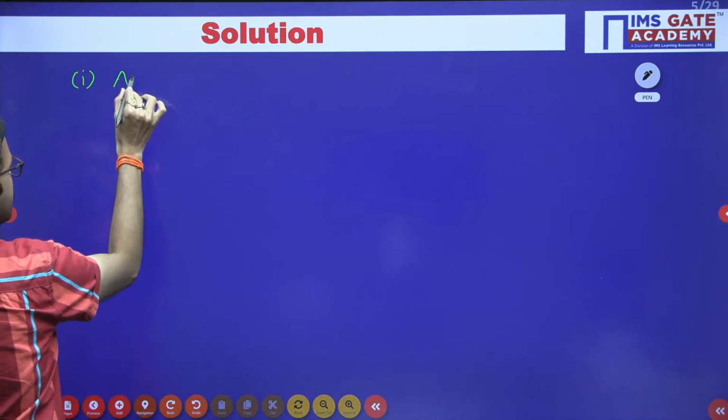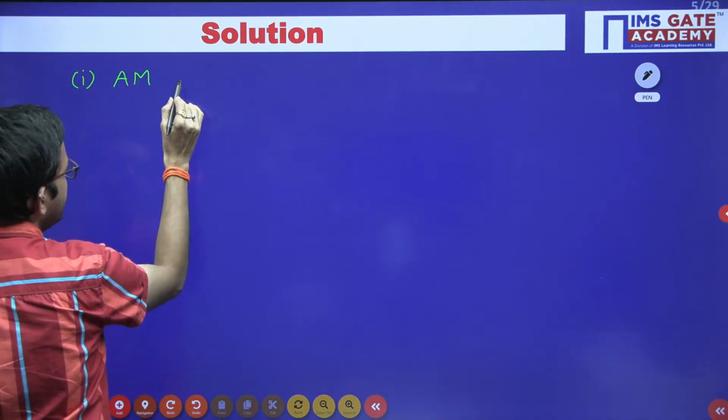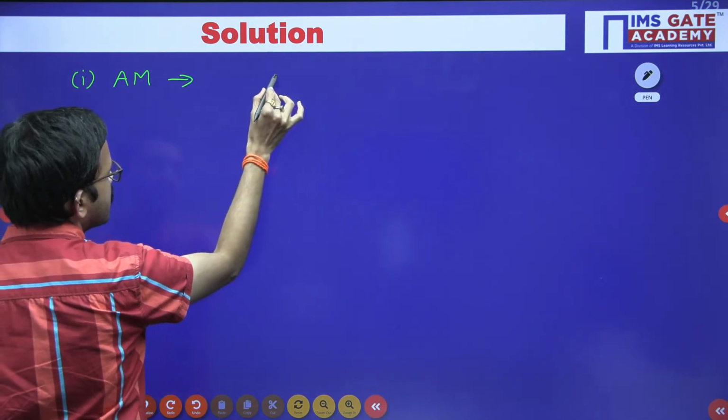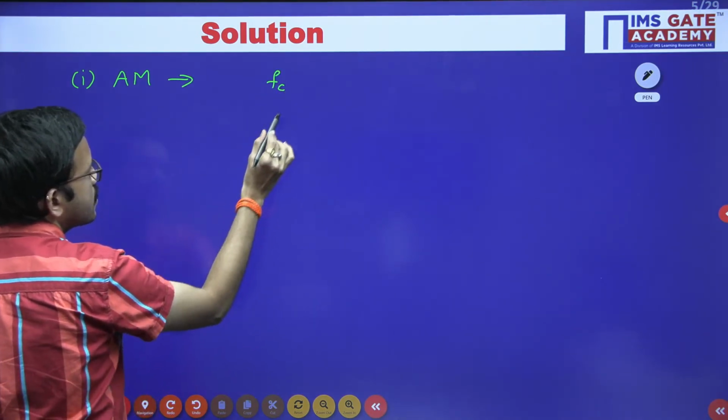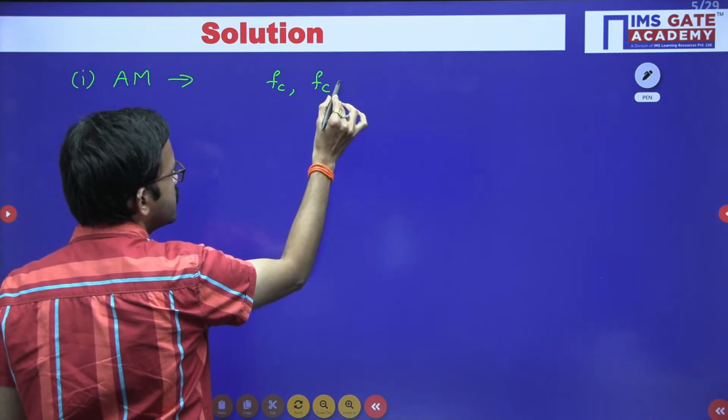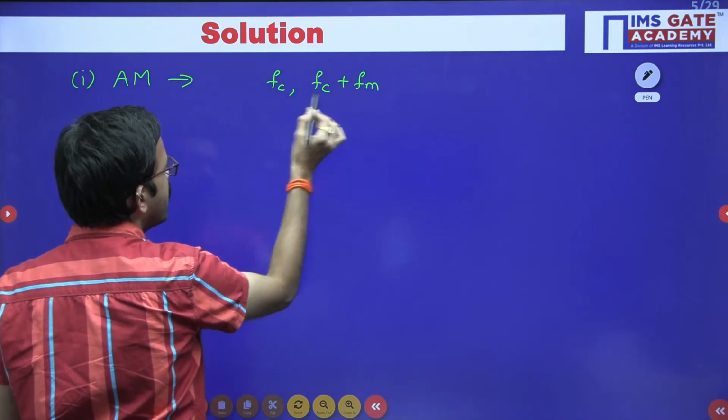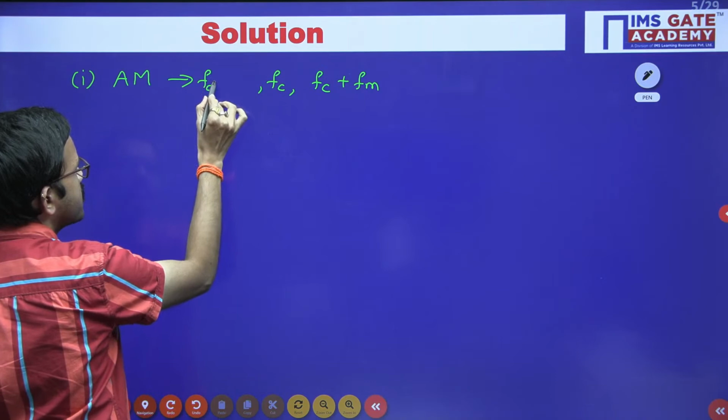Case 1: I am considering AM modulators. In AM, you have the carrier frequency, the upper sideband frequency FC plus FM, and the lower sideband frequency FC minus FM.